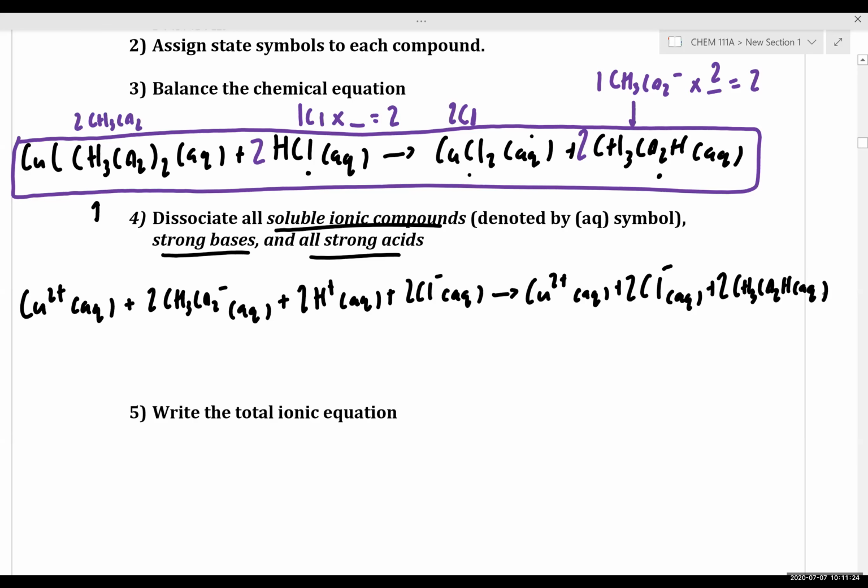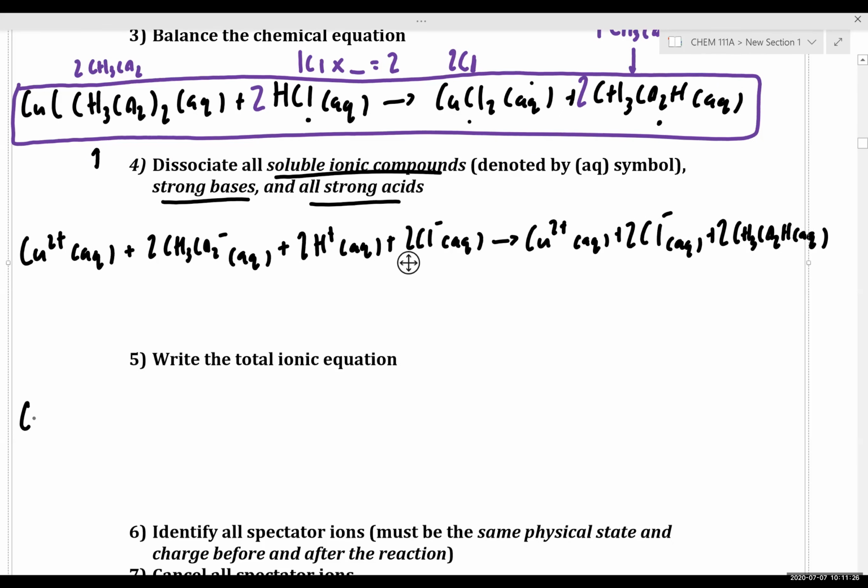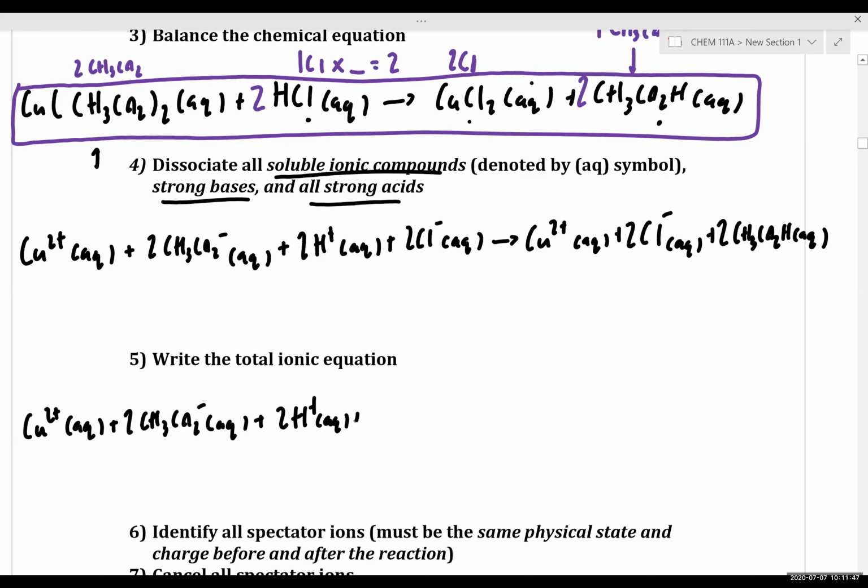Okay. So now we're just going to rewrite our total ionic equation. I always like to rewrite it just so that we have some clarity in terms of what we're looking at, and so that we can think about each aspect.